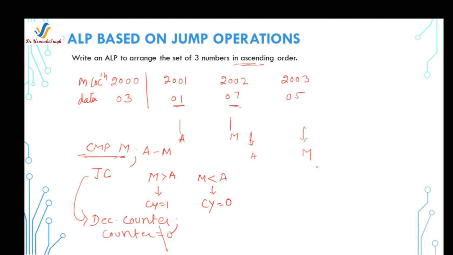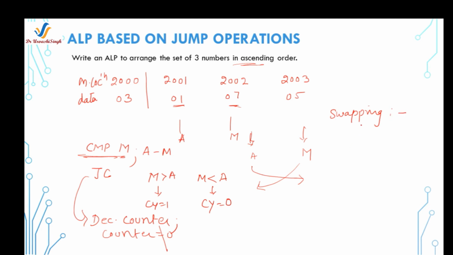You have to swap the numbers because we want to arrange in ascending order. For swapping, you have to store this 07 into the 2003 location and 05 into the 2002 location. But swapping is not so simple.